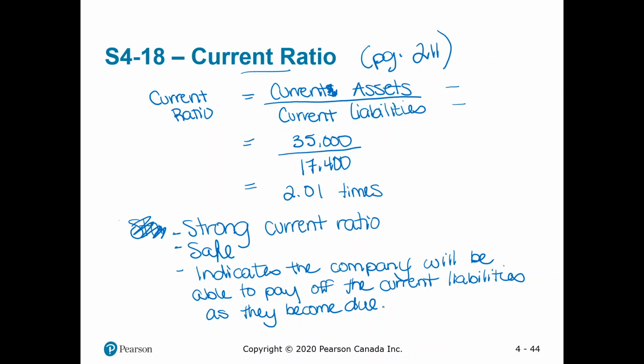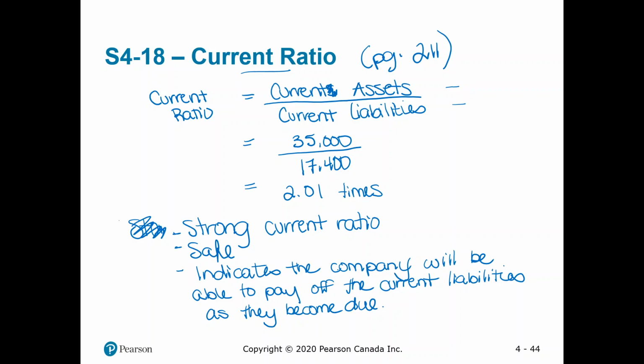So if this company goes to a supplier and it's a new supplier that they've never worked with before, maybe they're asking for the supplier to grant them credit. So they're saying, we want to buy supplies from you, but we want to buy them on account, and after 30 days, we will pay you.